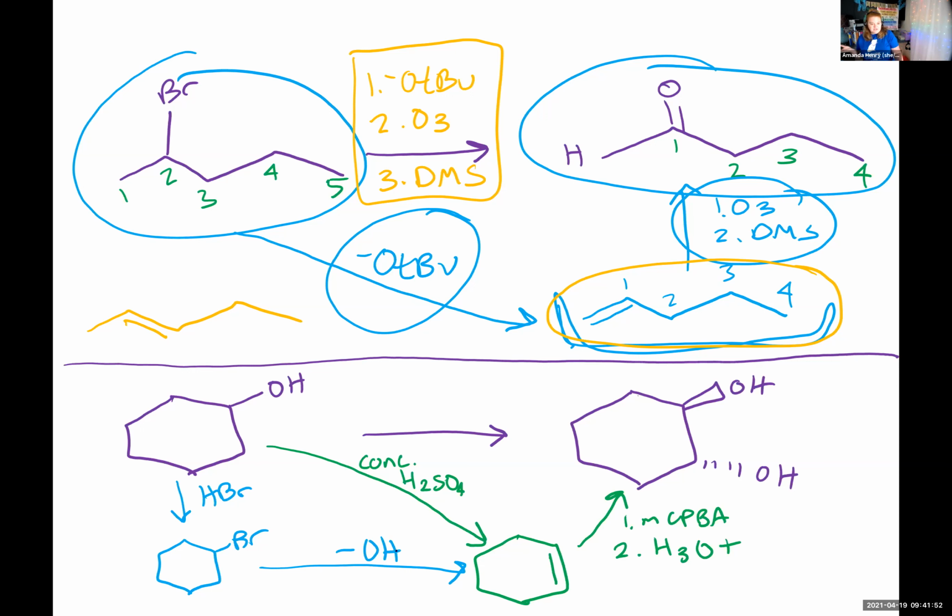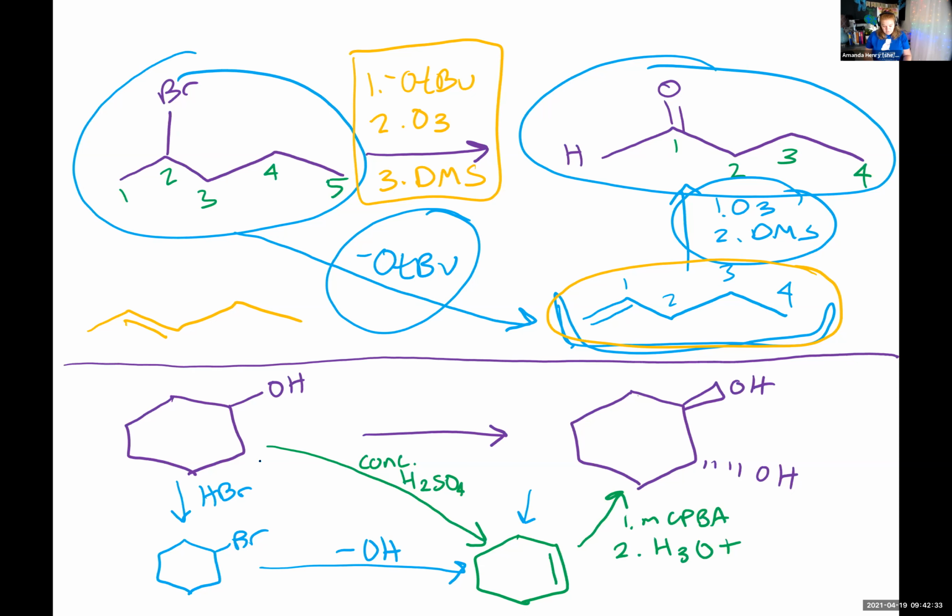So for the answer to this question, let's say on the test, would it just be MCPBA and H3O+? No, because to use MCPBA and H3O+, you have to have an alkene. So that would only be half your reagents.